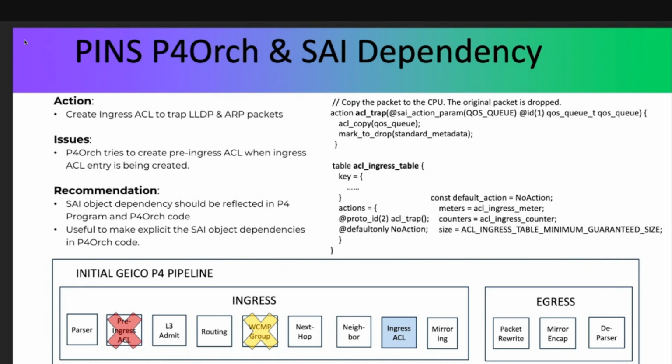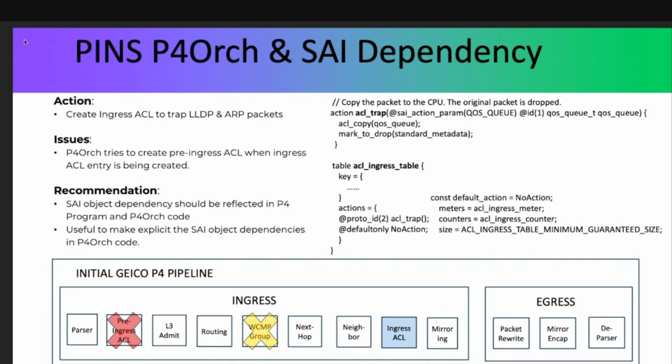The issues came when we were trying to program into the ingress ACL. To color what we're trying to do, we were trying to have LLDP packets and ARP packets sent up to the controller so that we can build a network topology based on these packets.